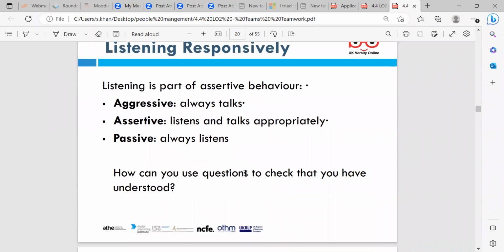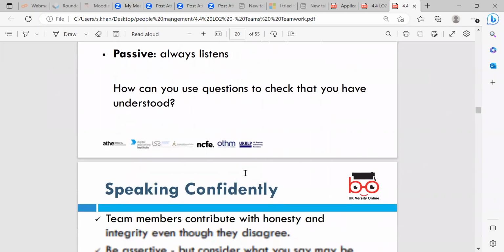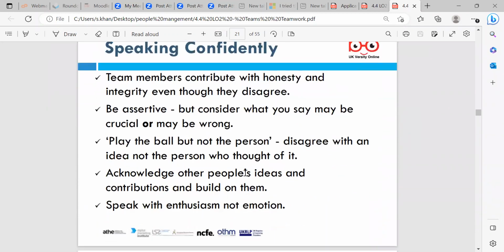How can you use questions to check that you have understood? Ask questions, say if something is confusing you, say, should I do it like this? Should I do it like that? Bring in ideas and recommendations, and this is how you will check that you understand something. And ask questions, it's very important.